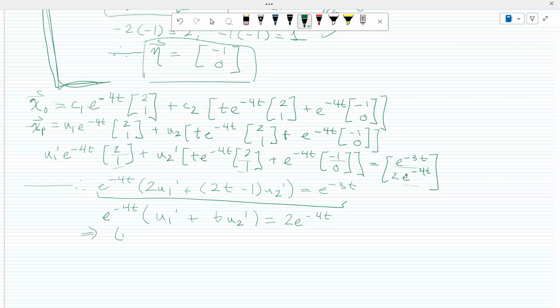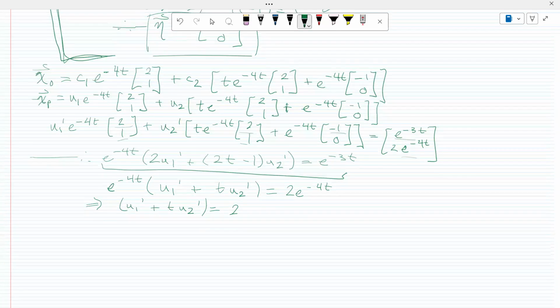So that cancels out nicely, and we get u1 prime plus t u2 prime is equal to 2. Nice.